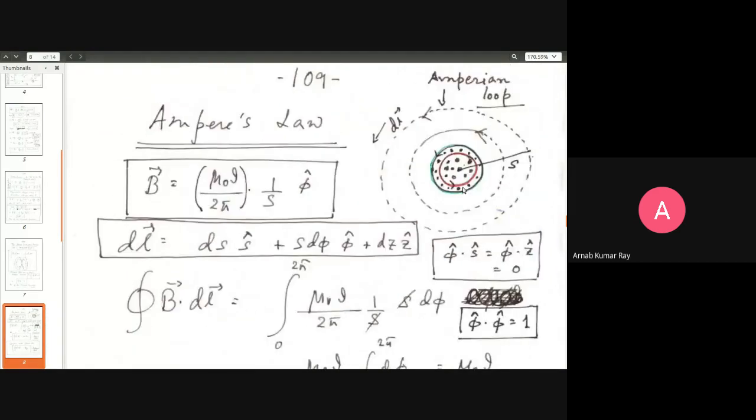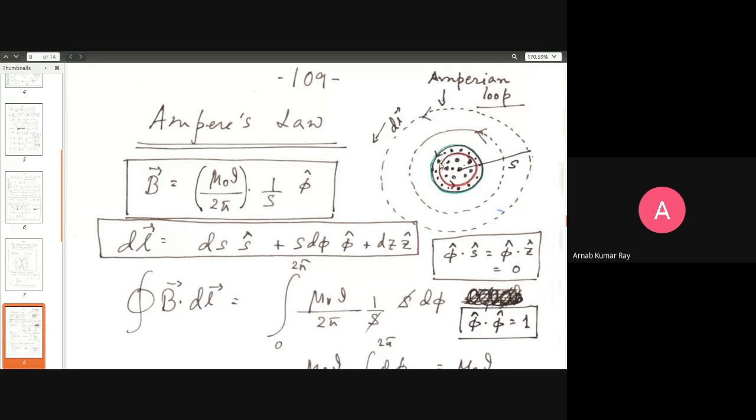So let's see how many black dots we have over here. 1, 2, 3, 4, 5, 6, 7, 8, 9, 10. 10 black dots within this red circle. All the black dots outside, they're not really dots, they're straight lines. But you are looking at them down the length, down the barrel, so to speak. And so they appear like black dots to you. So those need not be considered.